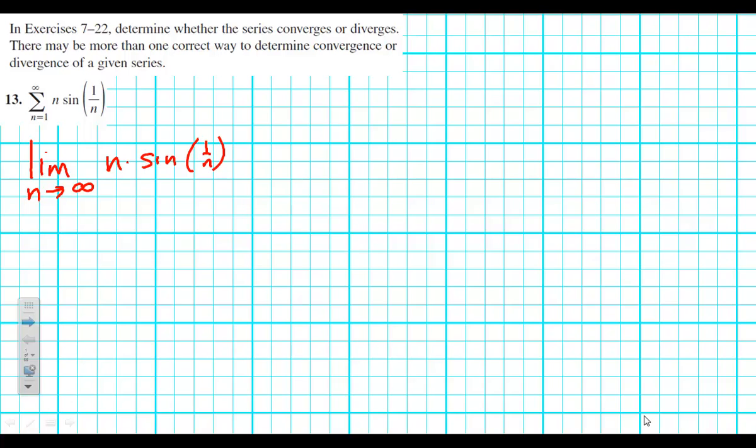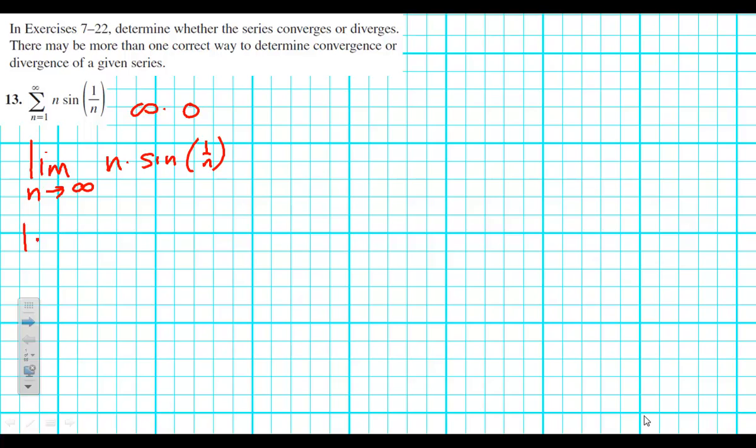I say that this is indeterminate in the form infinity times 0. Too bad it's not L'Hopitalable. So what are we going to do? Let's make it L'Hopitalable. 0 over 0 and infinity over infinity are the two L'Hopitalable forms.